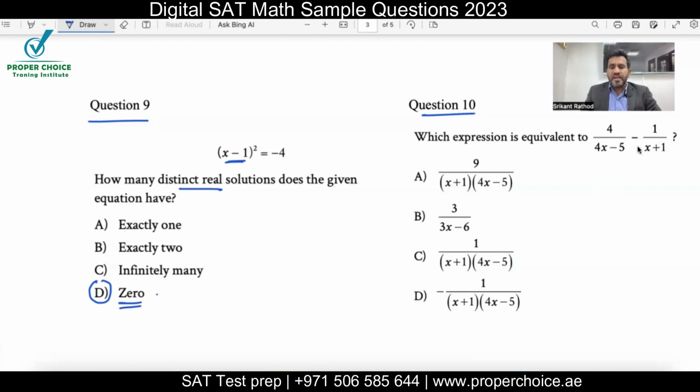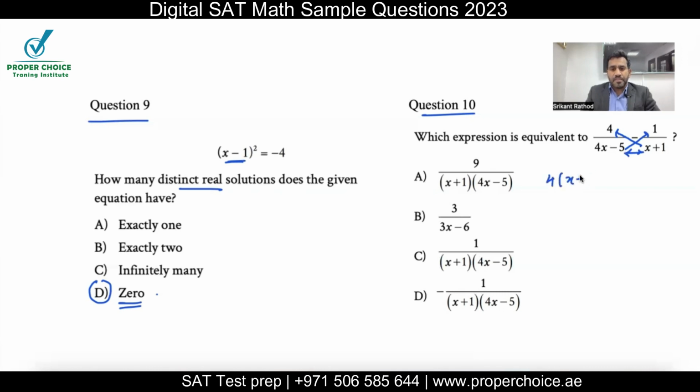To make the denominators the same, do the cross multiplication: multiply the denominator of the first with the second, multiply the denominator of the first term with the numerator of the second term, and so on. Simple. So that becomes 4 multiplied by x plus 1, minus 1 multiplied by 4x minus 5, divided by 4x minus 5 times x plus 1.